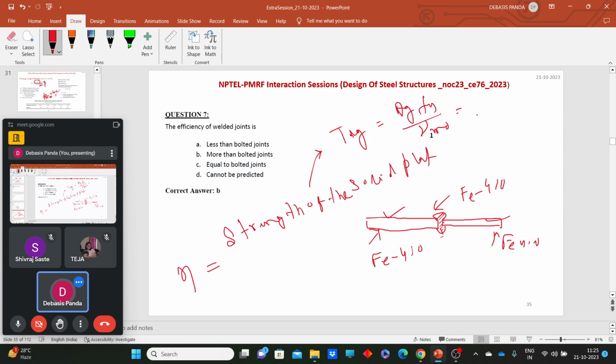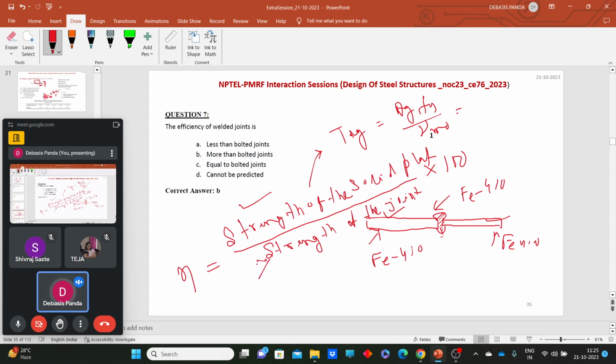We have solved this; Clause 6.2 of your IS 800 provides this value. Here you can see the strength of the solid plate will be the same for all.